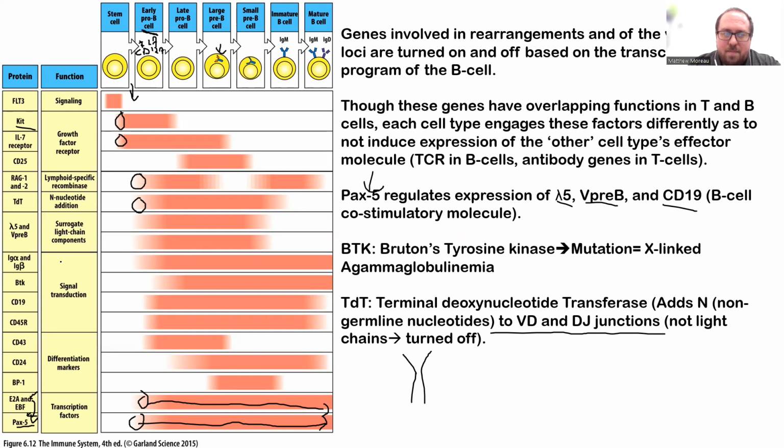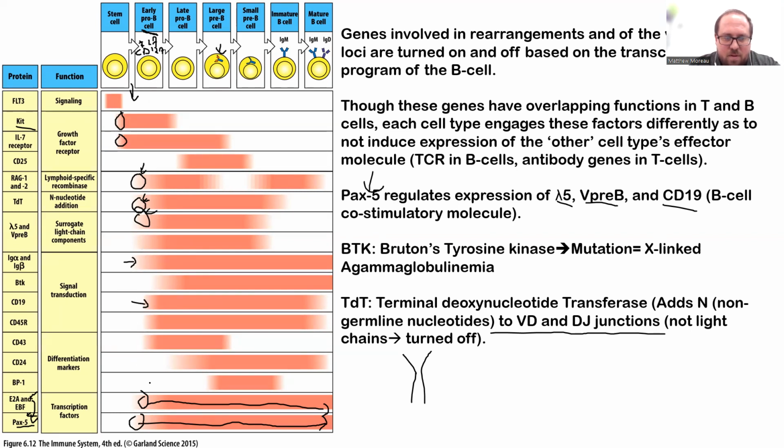And then beyond all of this, these all stimulate at the same time. So here in the early pro B cell, you're getting the beginning of activation of KIT and IL-7, but then this is when you get first expression of RAG, first expression of TdT, first expression of the V-pre-B and lambda 5, CD19, and immunoglobulin alpha and beta.